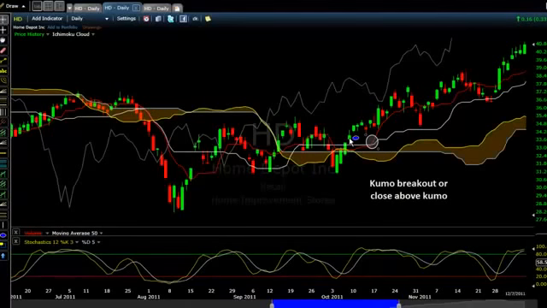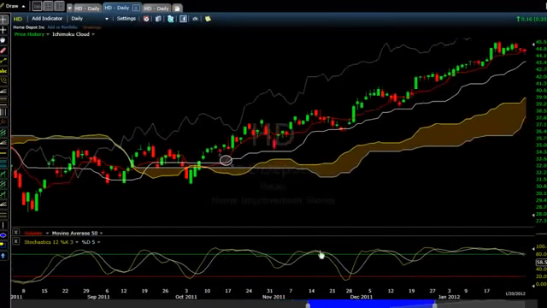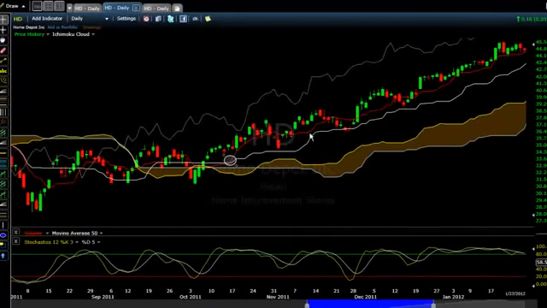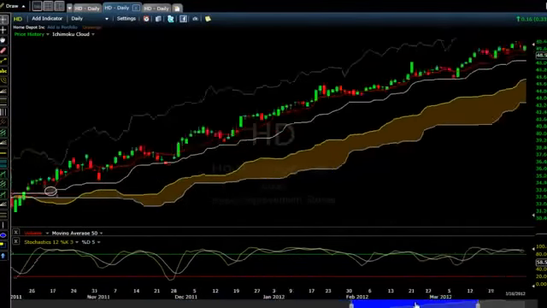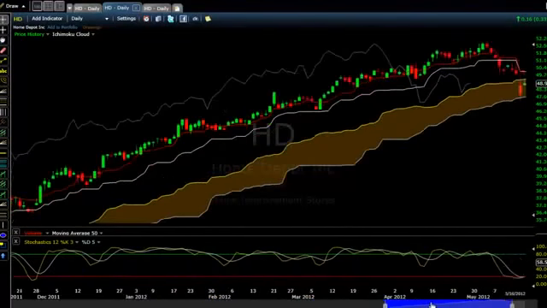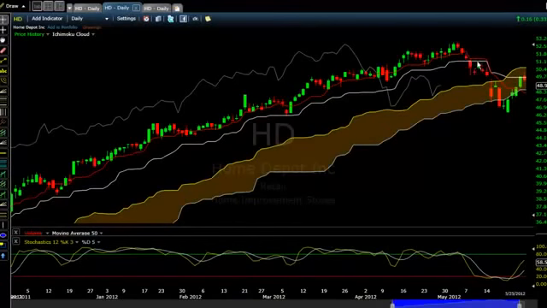We had a buy signal here. You do not have a sell signal until the red line crosses down below the white line. The Tenkan crosses the Kijun, or TK cross to the downside. You don't have that occur until here in May, several months later. So that's the significance of the TK cross.